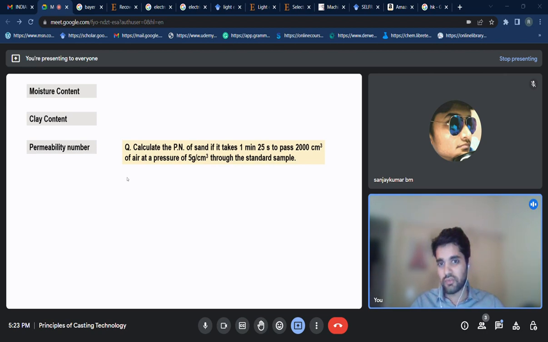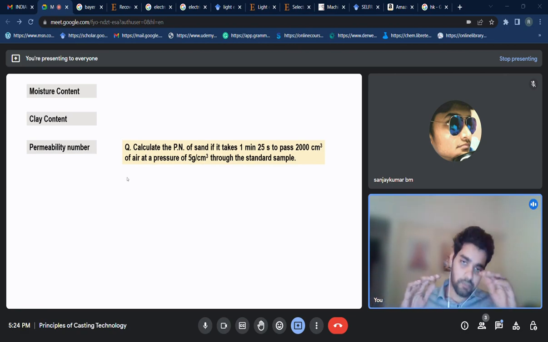People throw them or make a pond near the industry, and when rain comes, all the elements percolate through the sand towards the groundwater, and our groundwater gets contaminated, which is highly harmful. There are some historically known examples where water at a given location got contaminated due to this.